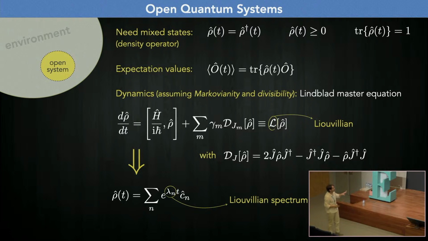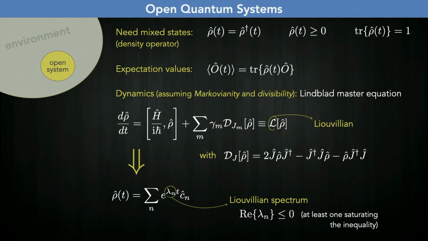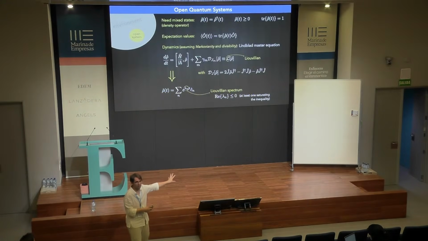But mathematically that means that these eigenvalues need to have a real part that is negative. Because if the eigenvalues had a positive real part, the state would just exponentially explode. But if they are negative, all the negative eigenvalues will essentially cancel with the exponentials, the operator Cn, except for at least one that has to be zero or have a zero real part.